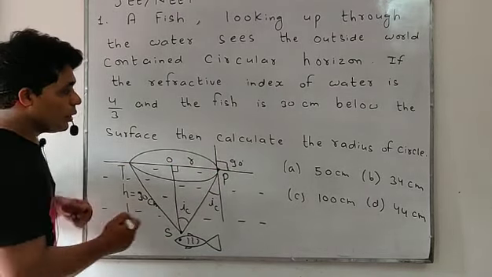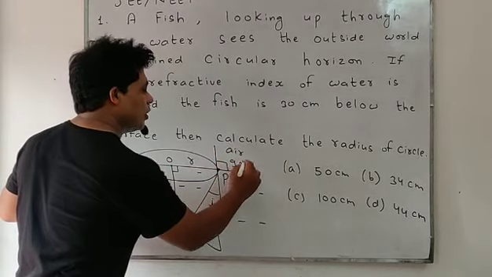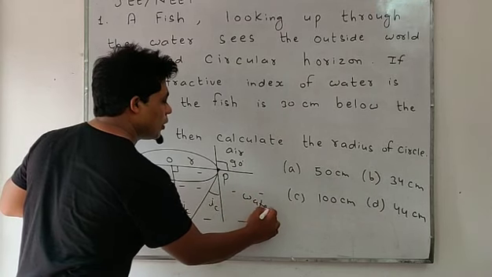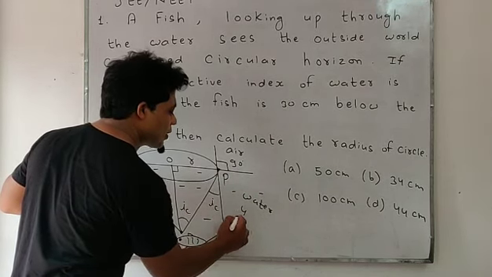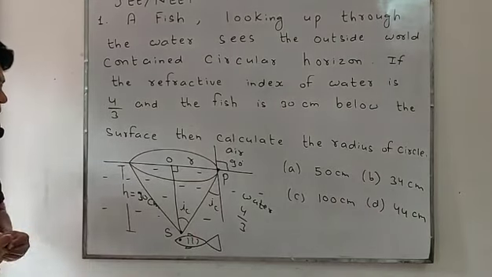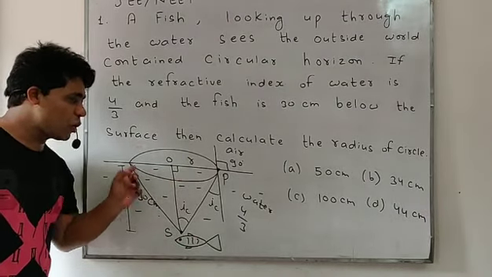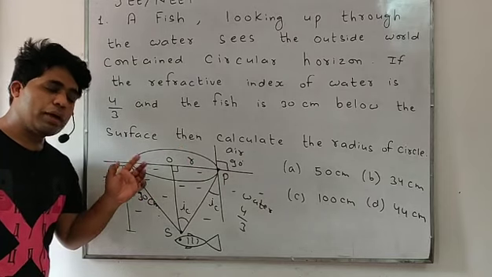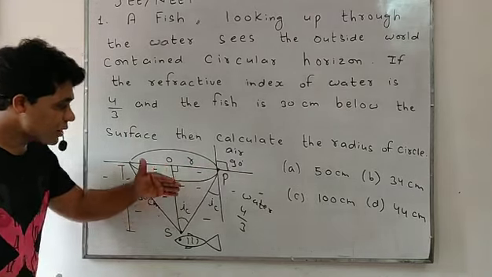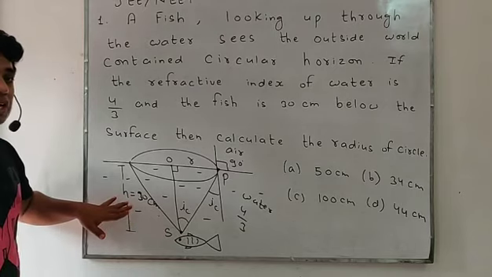This is air, outside world, and this is water, having refractive index 4/3, and this fish can see the outside world in a circular horizon, and we have to find its radius, and the depth of the fish is 30 centimeter.